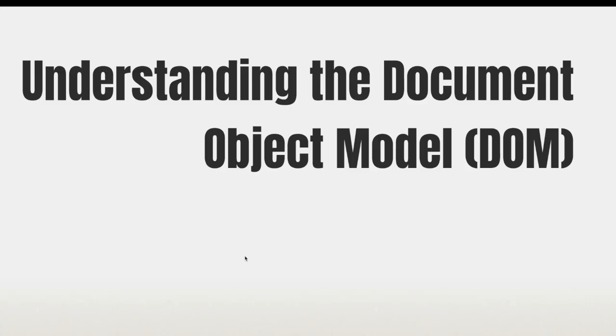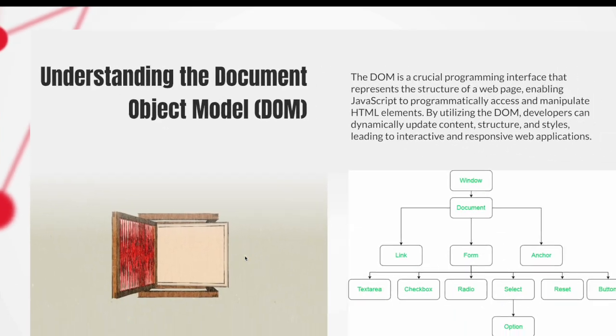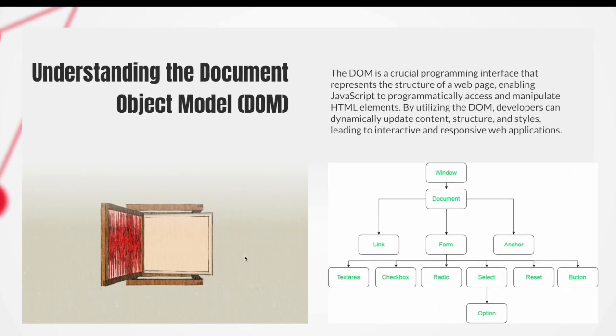Understanding the document object model, or DOM. The DOM was mentioned previously, but here we can do a little deeper dive. The DOM is essentially the browser's live tree-structured model of a page, exposing nodes like elements, text, and attributes via a standard API. It links structure, style, and behavior.